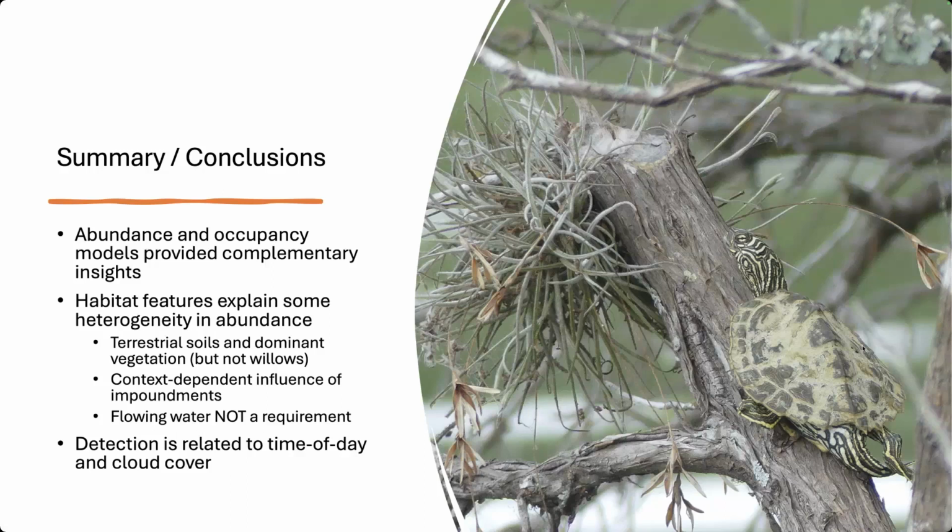I do think that would be misleading. These effects from our models are actually very subtle. And I would say that in most cases, if there's enough water, some threshold availability of food, a nice deadwood snag to bask on, and a decent place to lay eggs, you're going to find map turtles will likely be there.